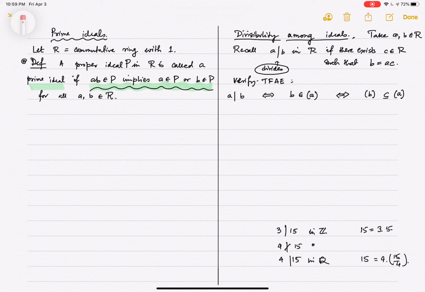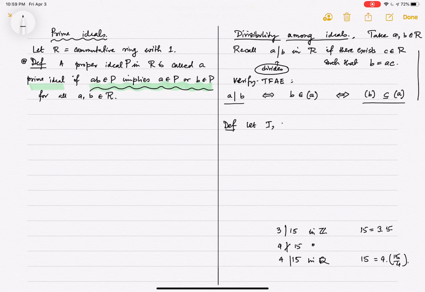And now we have rephrased this notion of divisibility of elements in terms of divisibility of ideals, or rather containment between two ideals. And the right hand side makes sense for any two ideals. So we make this the definition of divisibility among two ideals. So this discussion that we just had motivates the following definition.